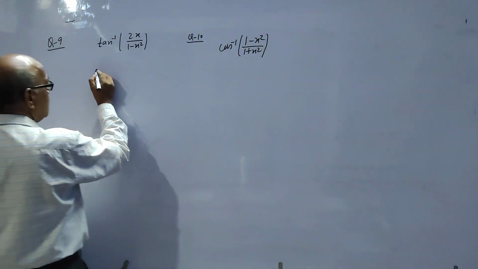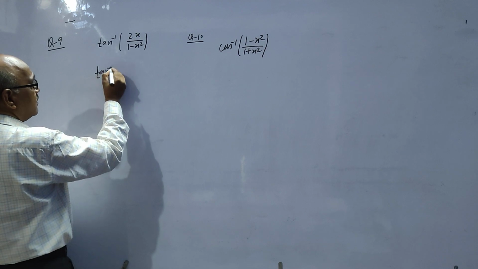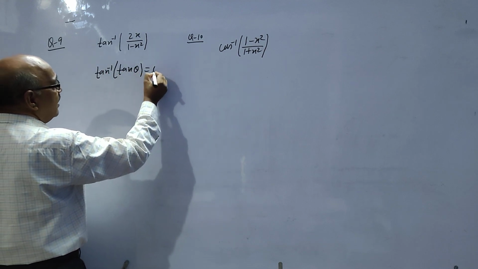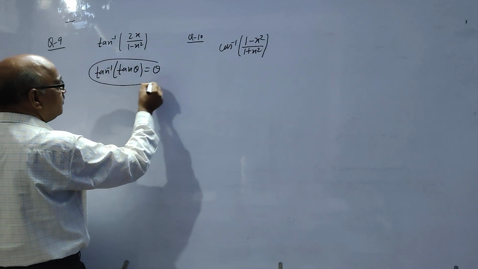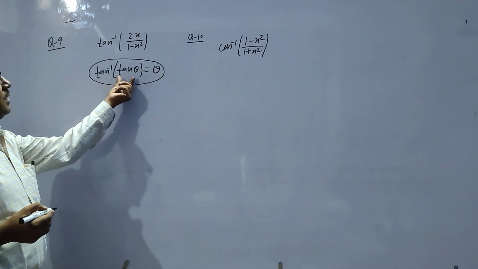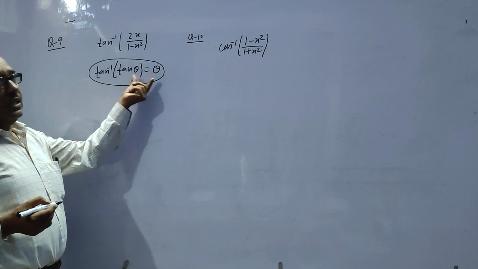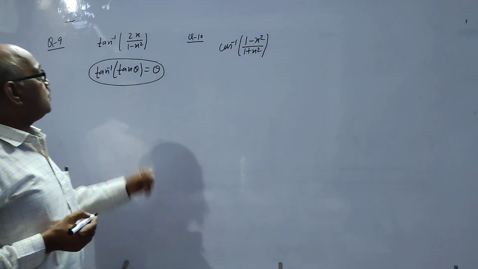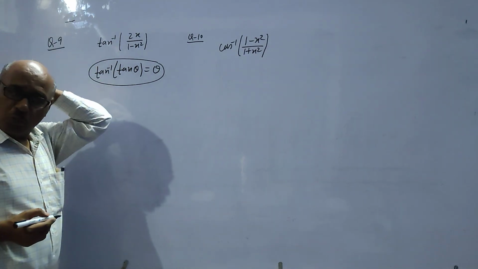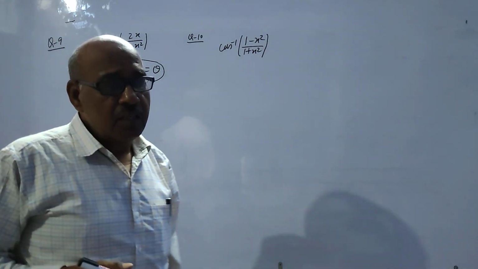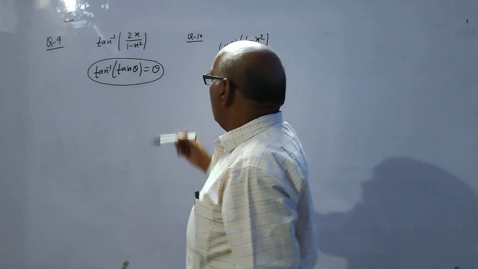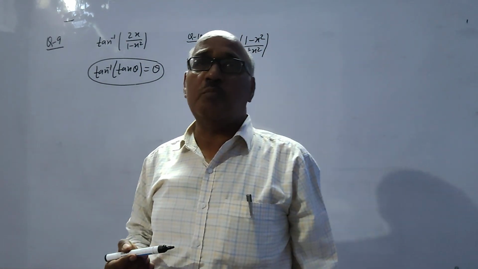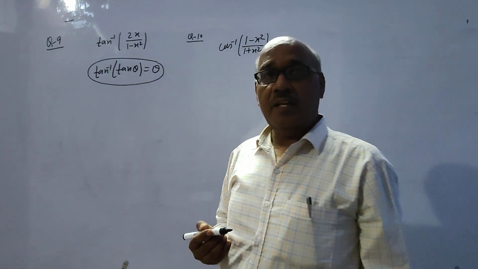Because you know tan inverse tan theta is equal to theta. So in place of x, you are supposed to substitute that trigonometrical ratio after solving which you should get this entire expression in terms of tan.